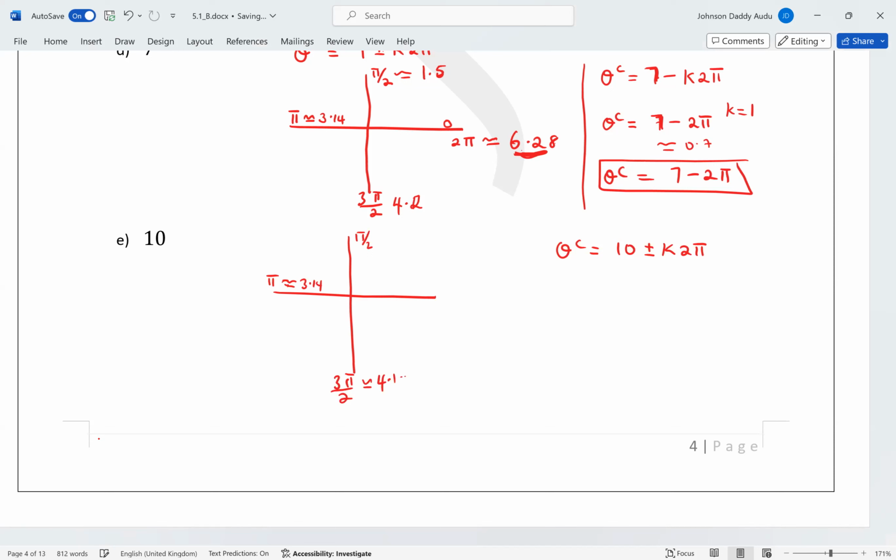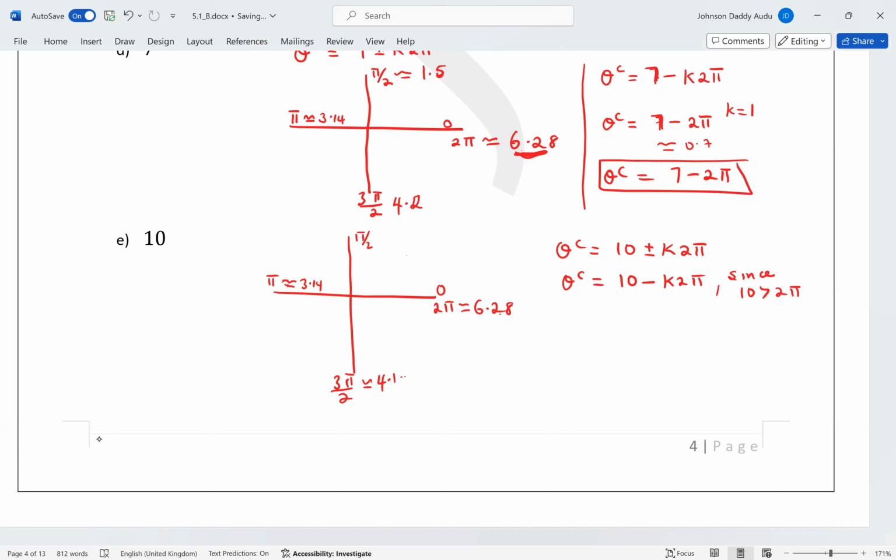Here is 0, here is 2 pi, which is approximately 6.28. So clearly we know that 10 is greater than 2 pi. So it means the coterminal is going to be 10 minus k2 pi. And this is why, since 10 is bigger than 2 pi, right?